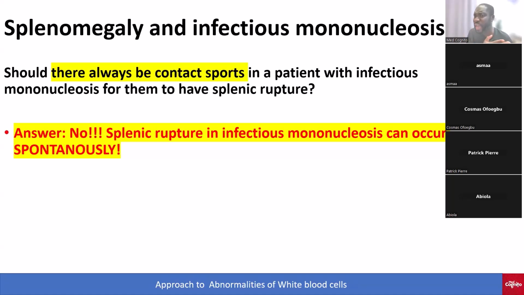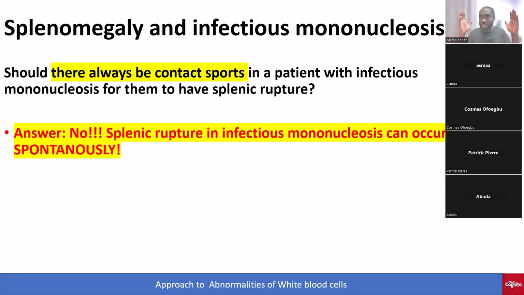So if you have a case of a patient with sore throat, abdominal pain, low hematocrit, and they say the patient has not been in any sports game, that should not dissuade you from saying this patient has splenic rupture. About 50% of patients with splenic rupture and infectious mononucleosis, the spleen ruptured spontaneously.